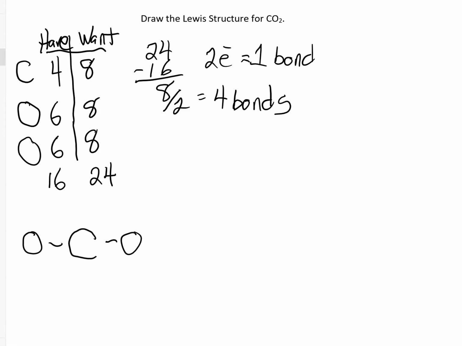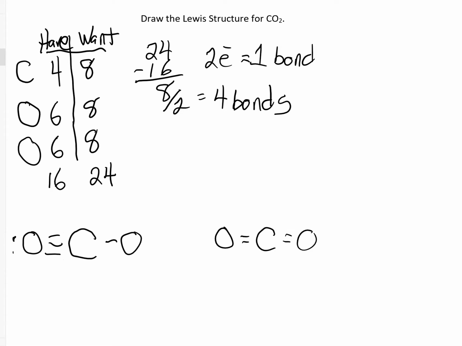Then we have to make a decision. Do we want to put the 2 remaining bonds on 1 oxygen, or do we want to draw a Lewis structure where the bonds are split evenly between the 2 atoms? Well, let's take a look at both. First off, in the case on the left, we've got 3 bonds sitting right here. And that means we need to have 2 more electrons to complete our octet.